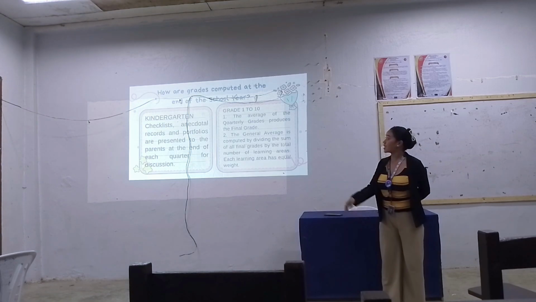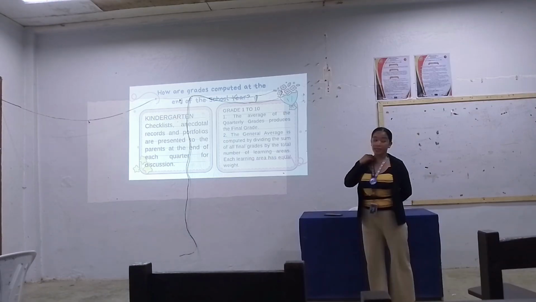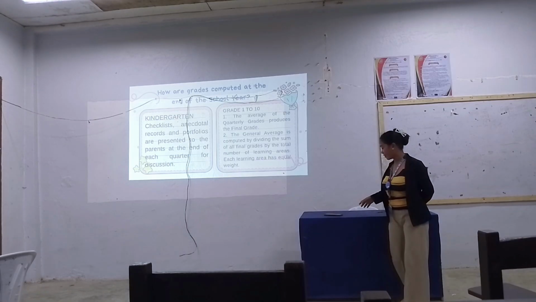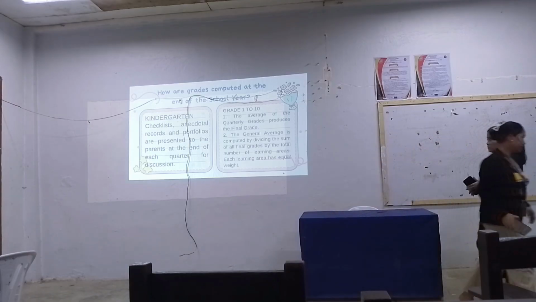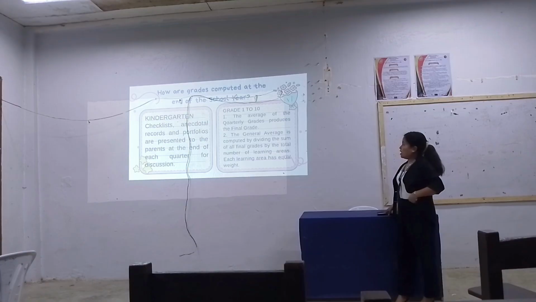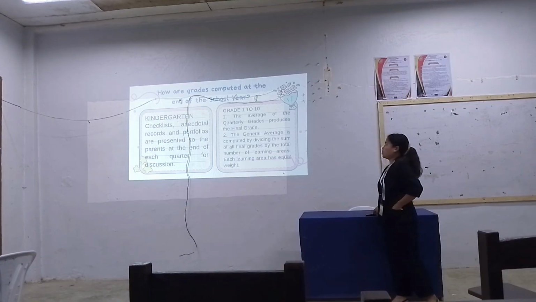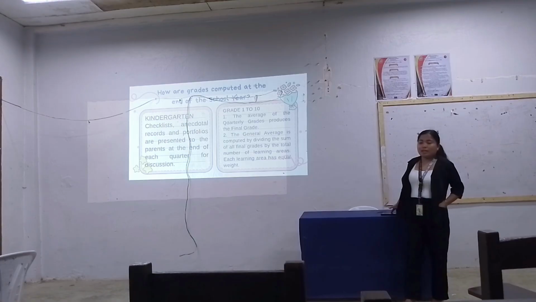The next is how grades are computed at the end of the school year, to be discussed by teacher Jasmine. To elaborate more, how are grades computed in kindergarten, grades 1 to 10, and grades 11 to 12?